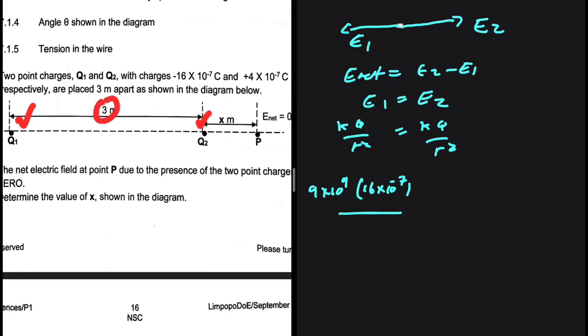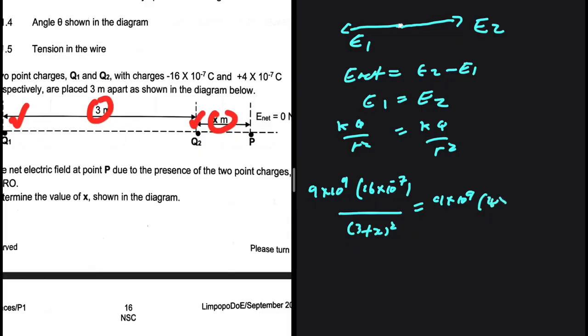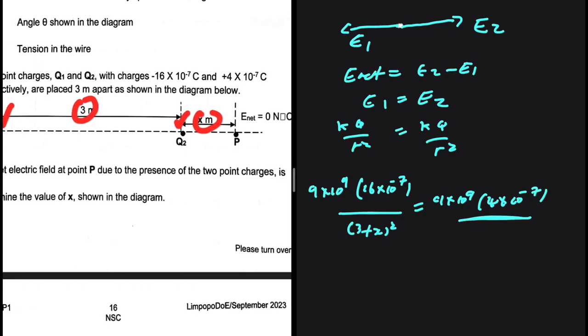It is 3 plus X meters from P. Don't make a mistake and say that it is 3 meters away. So here we're going to have 3 plus X squared being equal to 9 times 10 to the power 9 multiplied by the charge of Q2. That is 4 times 10 to the minus 7 divided by the distance between Q2 and P. It is X meters. So we're going to have X squared.